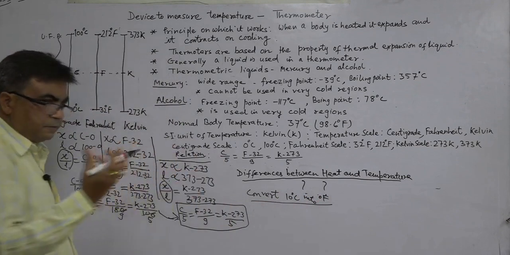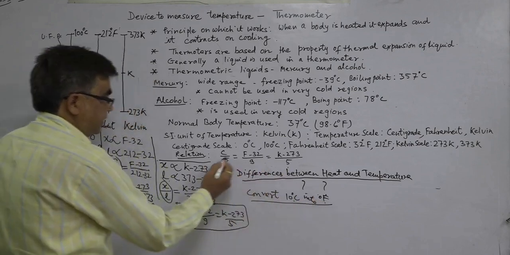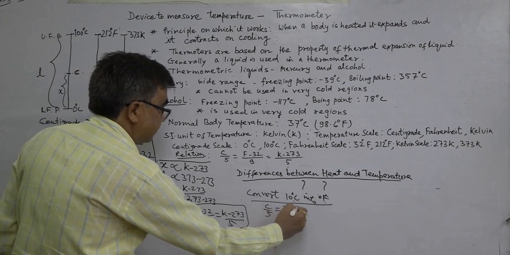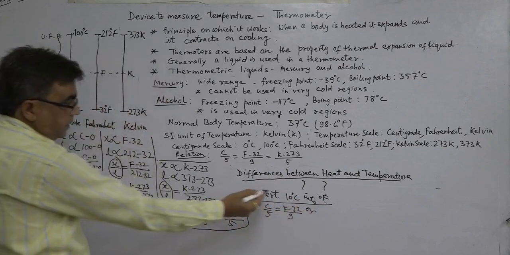Here we have to take only these two scales, centigrade and Fahrenheit. This is the relation, C upon 5 equals F minus 32 upon 9, where C is 10 degree centigrade.